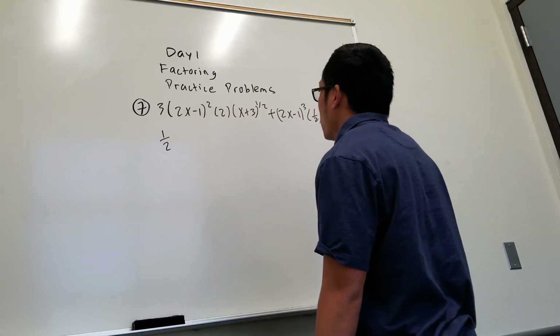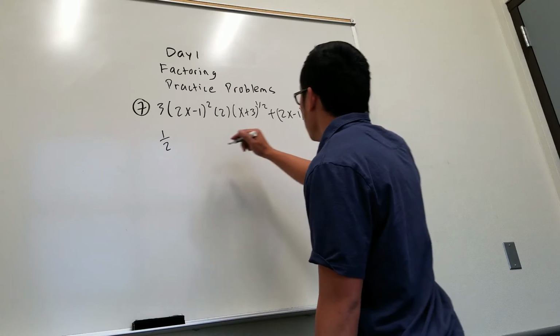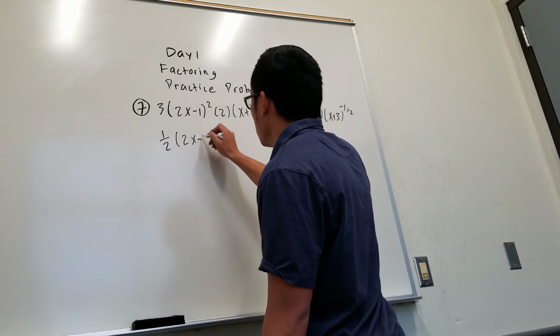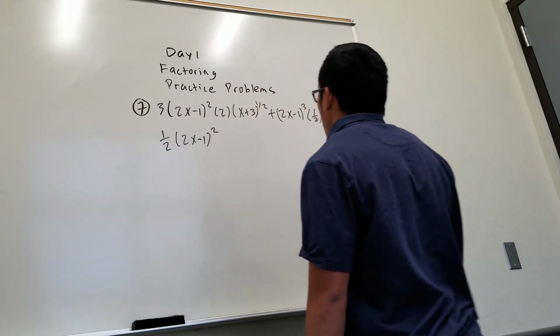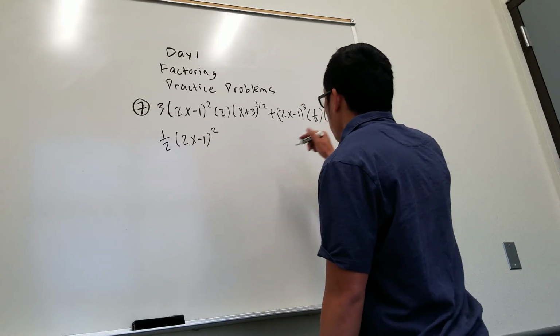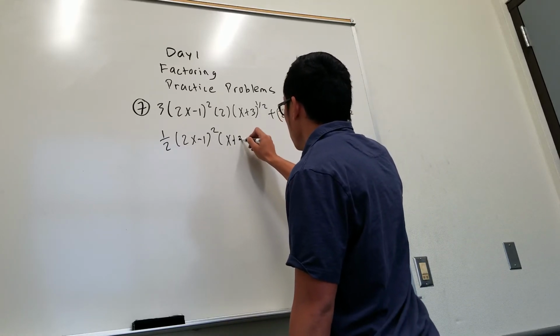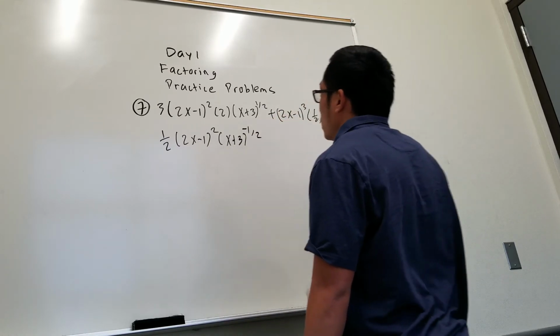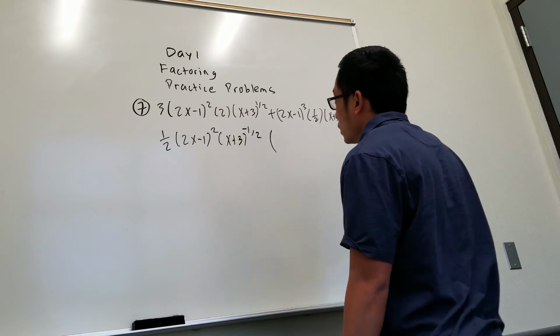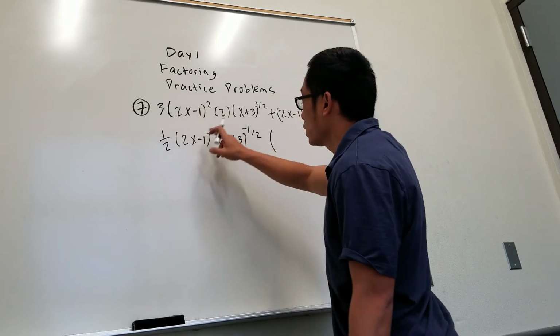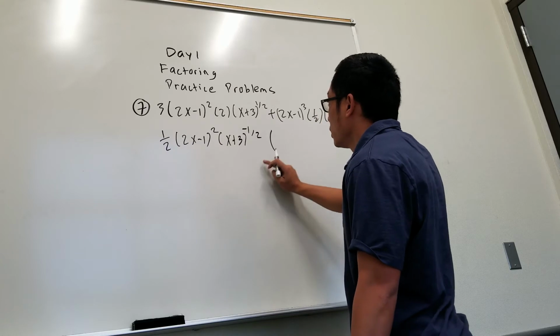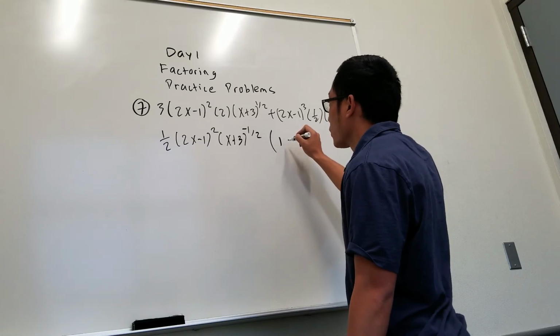Now, what about 2x minus 1 squared, 2x minus 1 cubed, 2x minus 1 squared? How about x plus 3 to the 1/2 and x plus 3 to the negative 1/2? And what's left? We have 3 times 2, which is 6. When I factor out 1/2, this becomes 12, right?